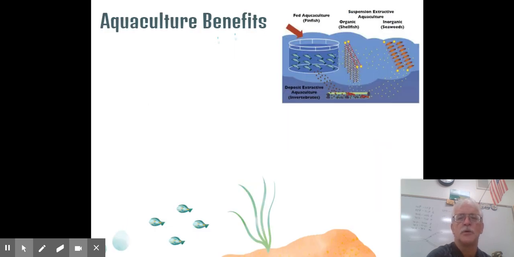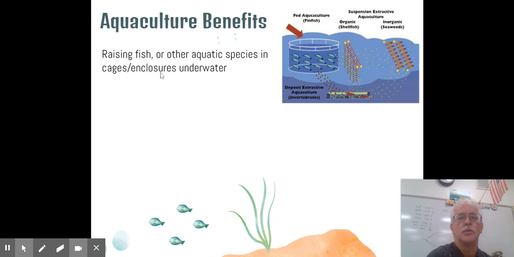So again, aquaculture benefits: you raise fish and other aquatic species in cages and enclosures, and if people want a certain type of tuna, you can grow it in here, and that's the only thing that's grown in there. It requires a small amount of space, very little water, and very little fuel.